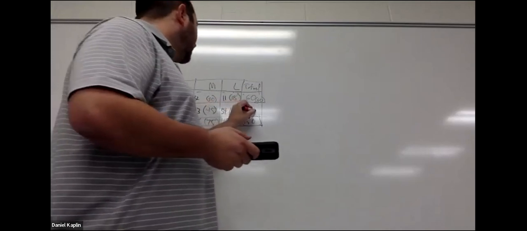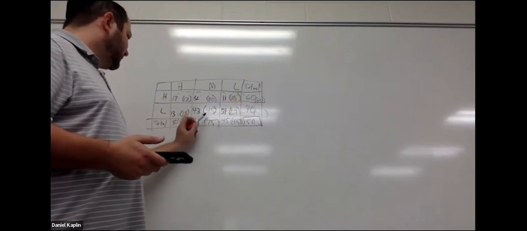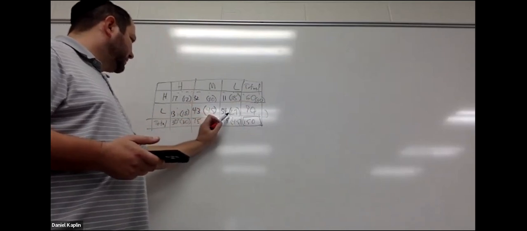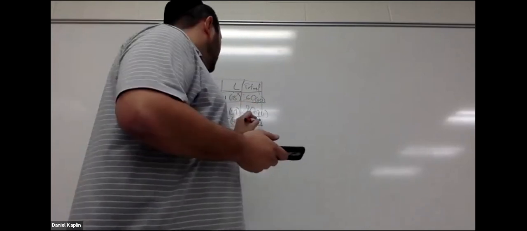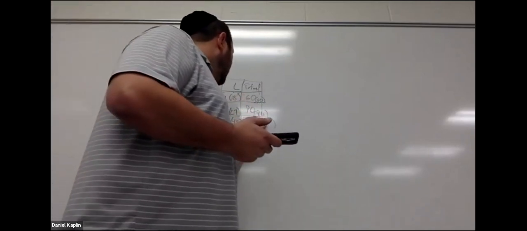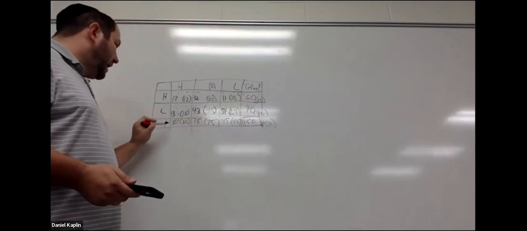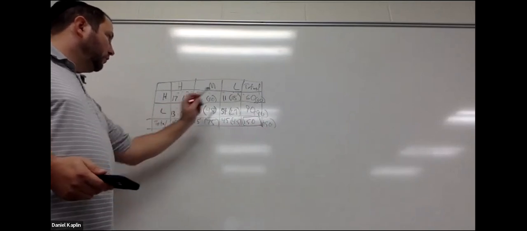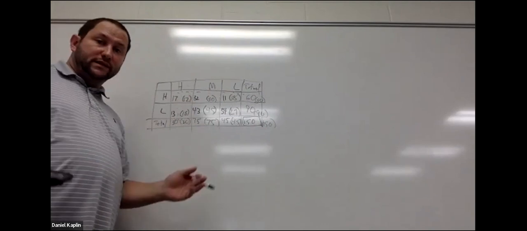And now we can add across to see if this gets us 90. 18 plus 45 plus 27 indeed gives us 90. And then 90 plus 60 gives us 150. So no matter which way we slice it, the formula of multiplying the column total by the row total and dividing, it works. It works consistently.